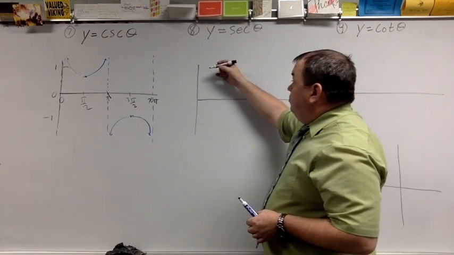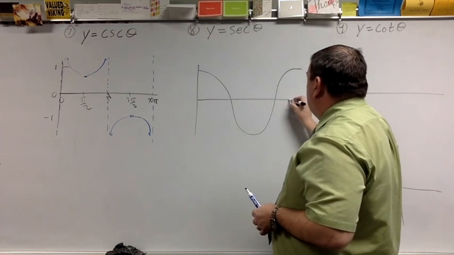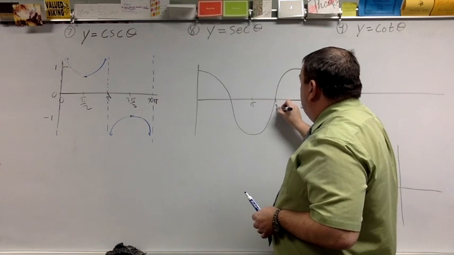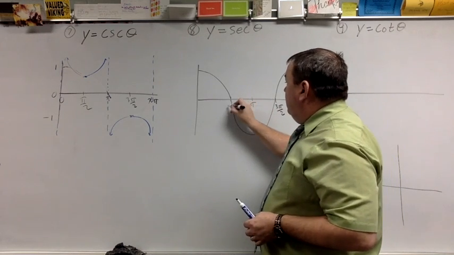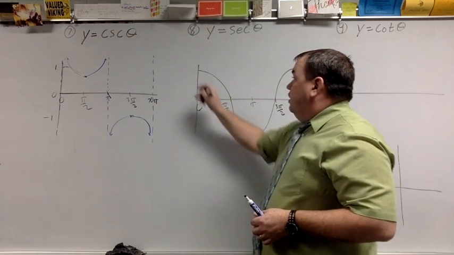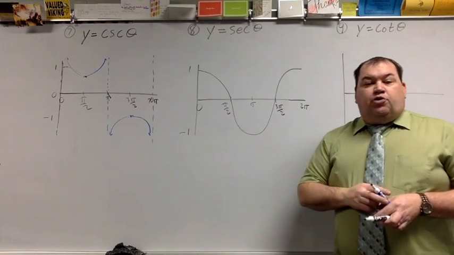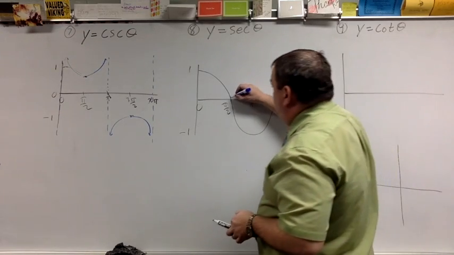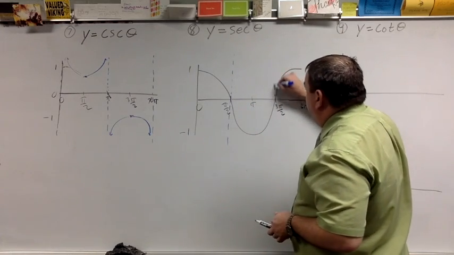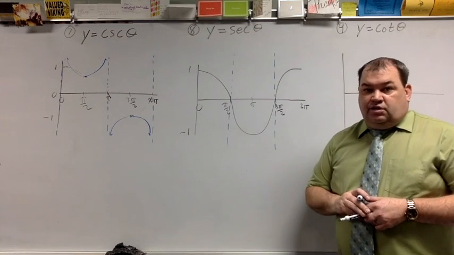Now secant is built off of cosine. So I'm going to take the cosine function. Again, all these numbers are the same as it was for cosine. Everywhere it crosses, notice now it's crossing in between here, I'm going to put in asymptotes, just like I did for cosecant.